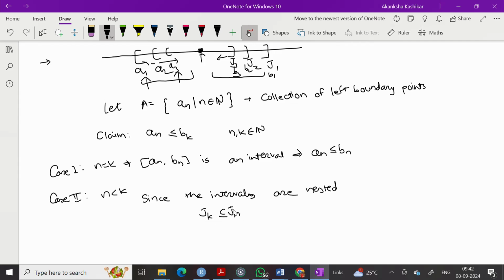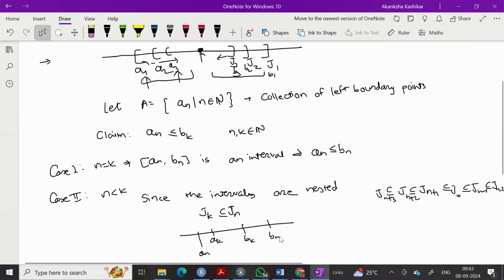Of course, the statement just said Jn plus 1 is a subset of Jn, but we know that this can be extended to Jn plus 2 here, Jn plus 3 here, Jn minus 1 here, Jn minus 2 here, and so on. So if k is larger than n, then Jk is to the left. So Jk is a subset of Jn, which means Ak, Bk inside An, Bn. This is our situation. Correct?